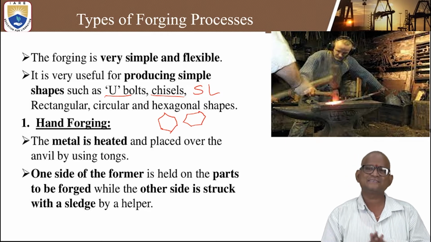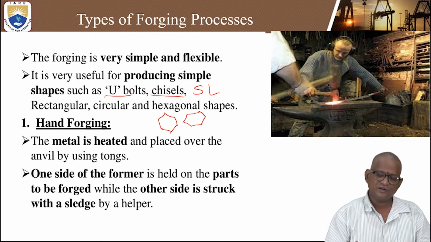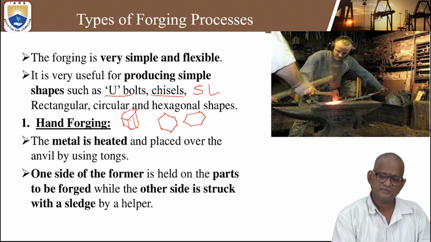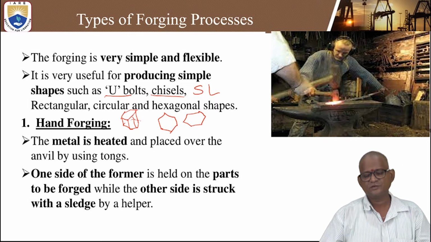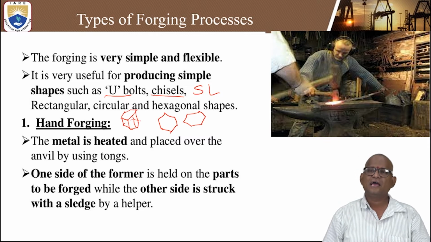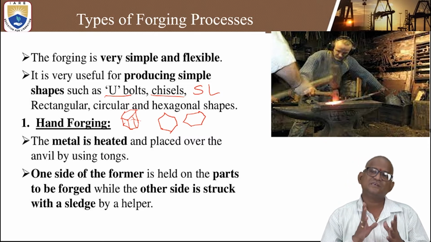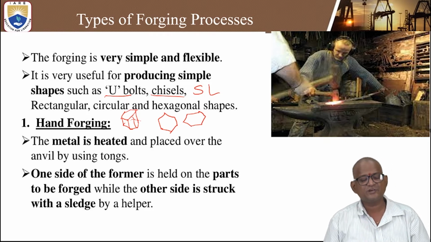When you want to change the hexagonal plate into a cylinder, you can apply pressure, and this is a cylinder shape. Like that you can obtain a hexagonal prism, and reduce the shape and size of the given workpiece.